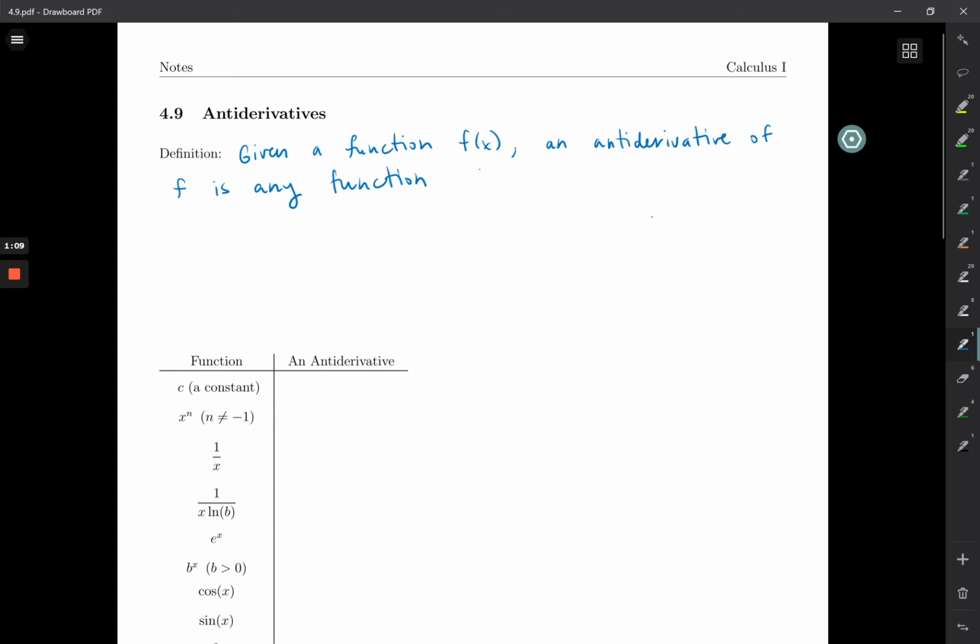So here, since we used f for our function, we'll use capital F for the antiderivative, such that the derivative of capital F is equal to the function that we started with.